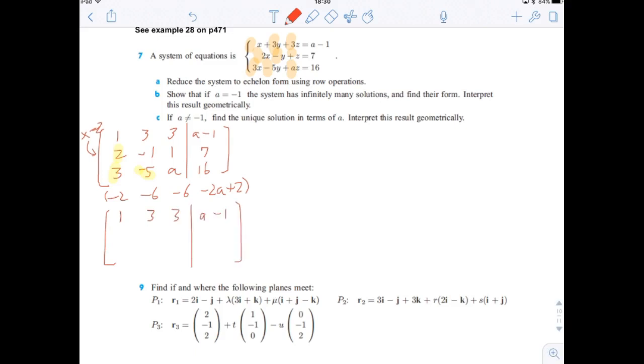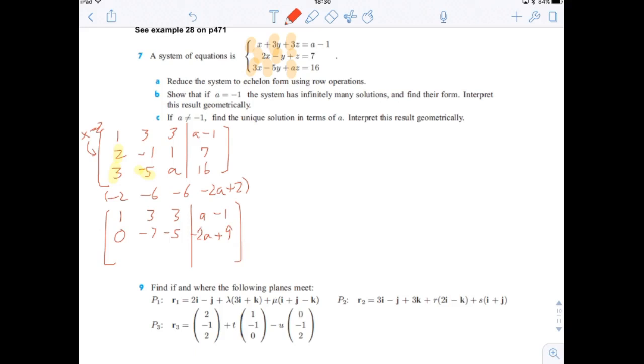And then the second row is going to be 0, -1 minus 6 is -7, and 1 minus 6 is -5. And then the last element is going to be -2a plus 2 added to 7. So it'll be -2a plus 2 plus 7, which is plus 9.